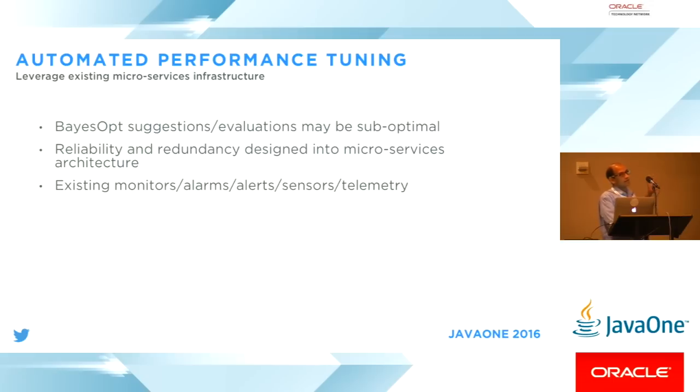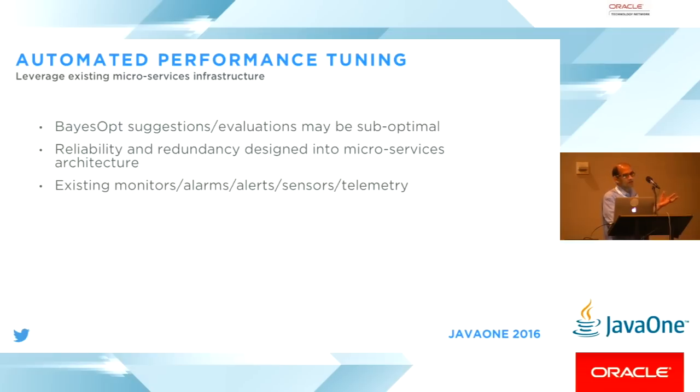That's because the microservices architecture already provides most of the hooks into which we can hook in. There's lots of existing monitors and alerts so that we can terminate, for example, suboptimal suggestions that might be made by Bayesian optimization. There's enough resiliency and redundancy built into the microservices framework so that 1 or 2 or 3 instances might be running suboptimally without affecting the performance of the ensemble as a whole, and without affecting SLAs.